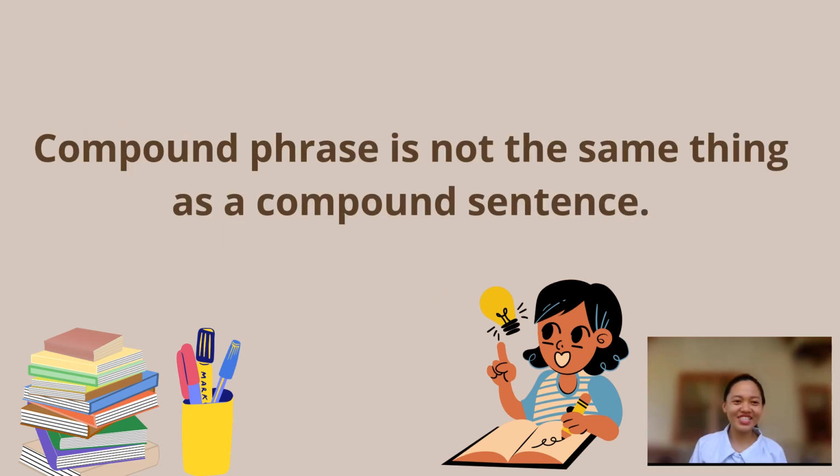Okay, very interesting. So, what makes the sentence a simple sentence? Now we are going to discover what makes that sentence a simple sentence. We also have to keep in mind that a compound phrase is not the same thing as a compound sentence. In the sentence, we've certainly got a coordinating conjunction, which is and.